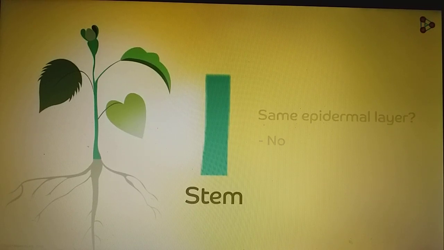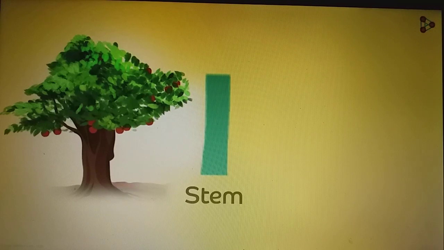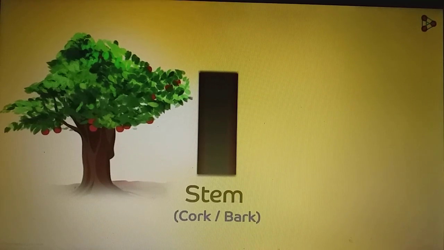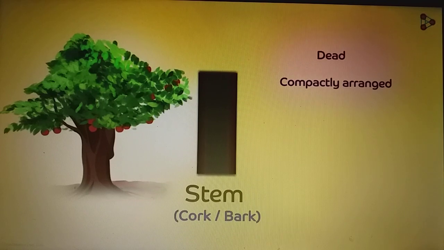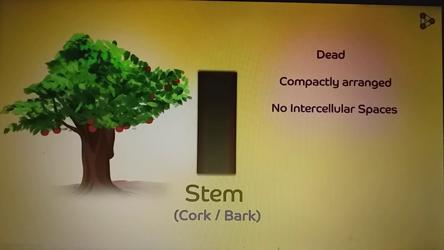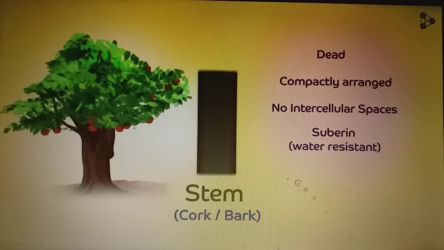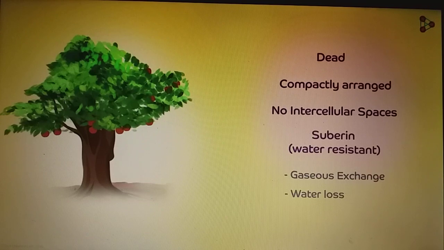In plants which are much older, epidermis is replaced by secondary meristem, which we usually refer to as thick coat or bark. Cells of this layer are dead and compactly arranged without intercellular spaces. Also, there is deposition of suberin which regulates gaseous exchange and water loss.